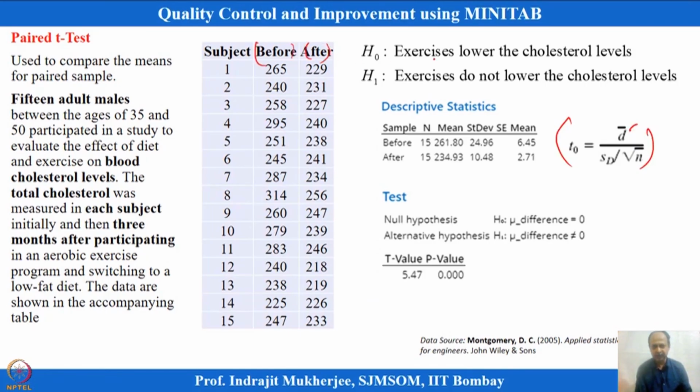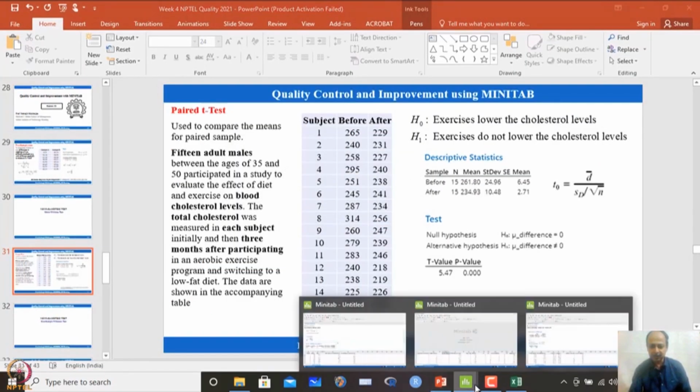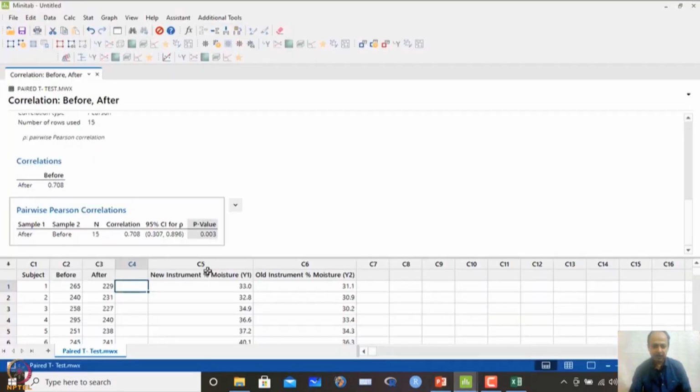The average difference is taken, along with the standard deviation of the difference and the square root of the number of observations, which is 15 paired observations here. Based on this, I calculate the t statistic, and the corresponding p value is calculated. So we have ensured there is a high amount of correlation, and in that case I will go for the paired t test.